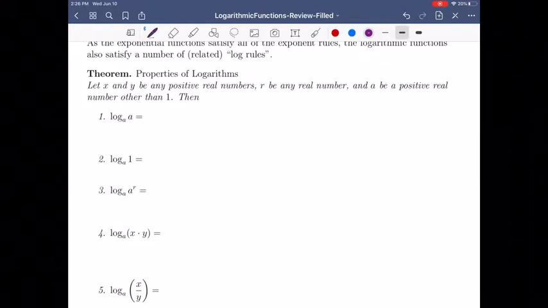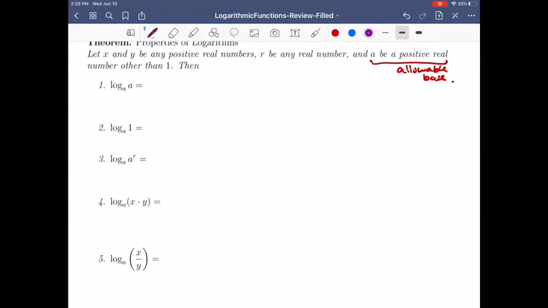If x and y are positive real numbers, r is a real number, and a is a positive number other than 1, so it's an allowable base, then we can say something about each of these. Log base a of a is just 1.